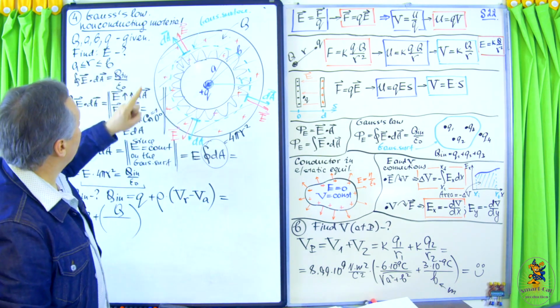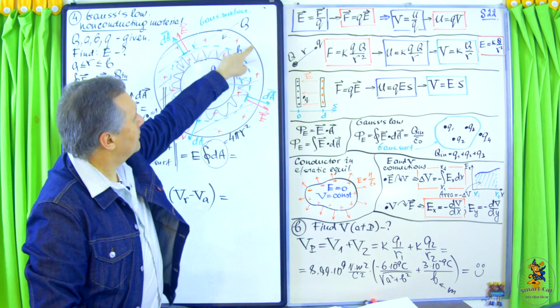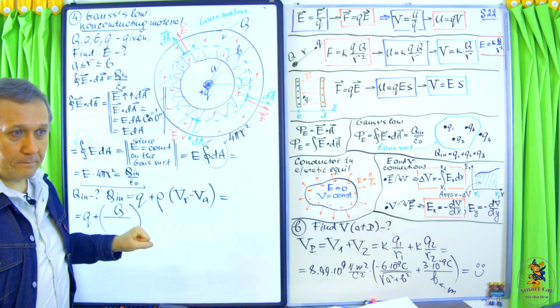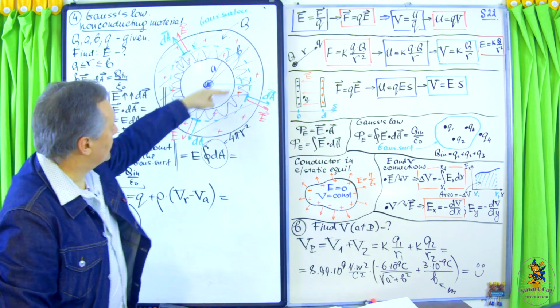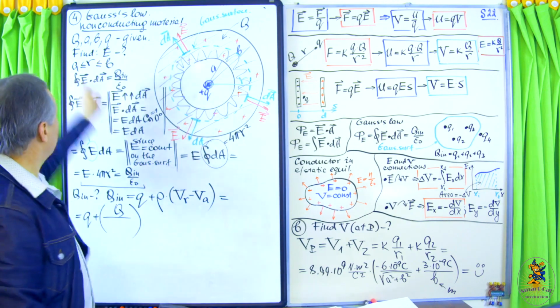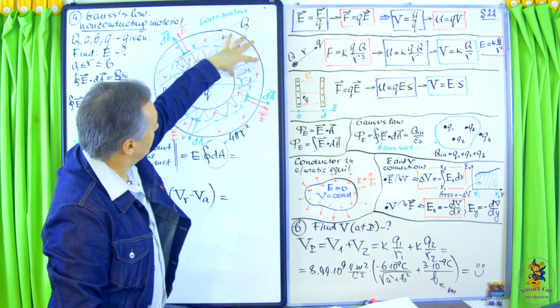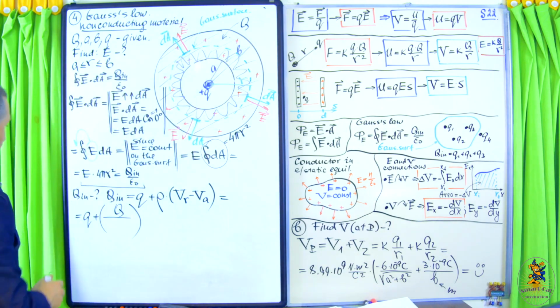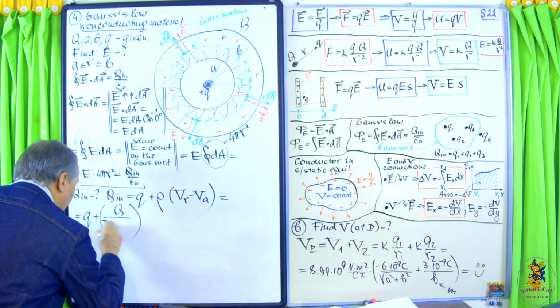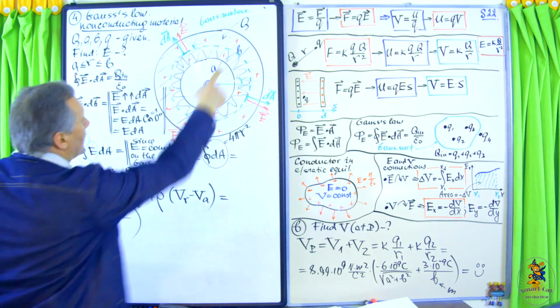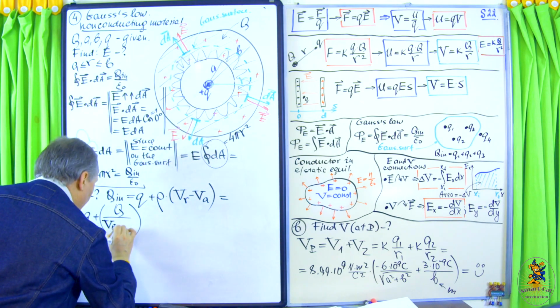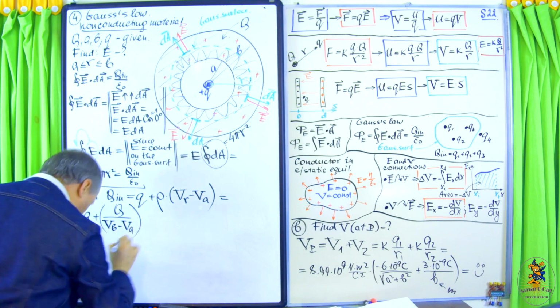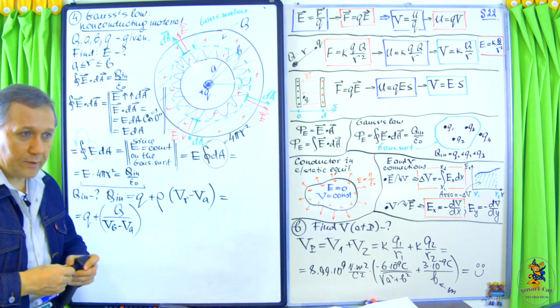So it's the volume of the sphere with radius b minus the volume of the sphere with radius a, because charge Q capital is distributed between these two spheres. So it will be the volume with radius b, the outer one, and again minus the whole volume of the sphere with radius a.